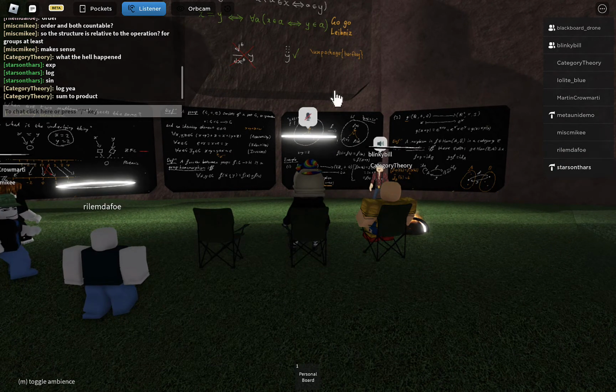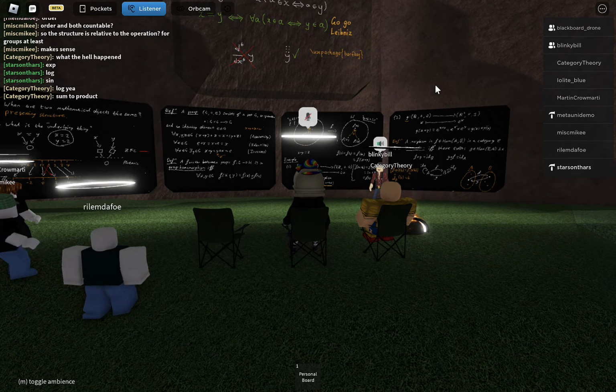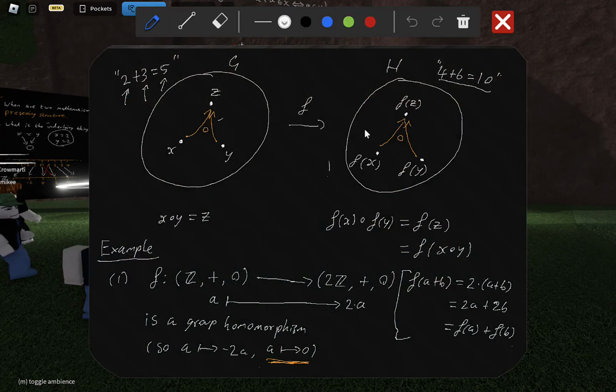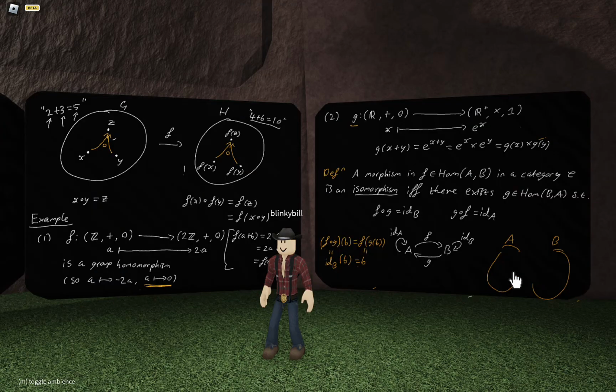If I come back to the example where I send everything in G to 0, that homomorphism isn't an isomorphism. If you'll excuse me, I'll just erase what I had here. What's happening is that everything in A gets collapsed down to a single element, even though there are other elements out here.